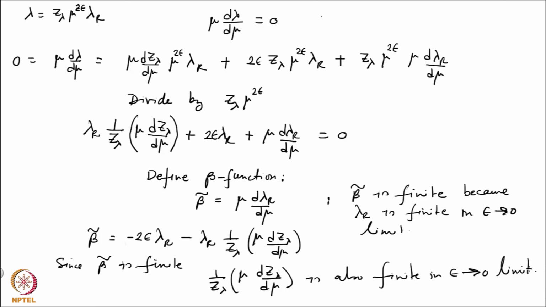This is an all order statement, and that further implies that z lambda and zm do not depend on mr also. So I will be using now the MS or MS bar scheme.